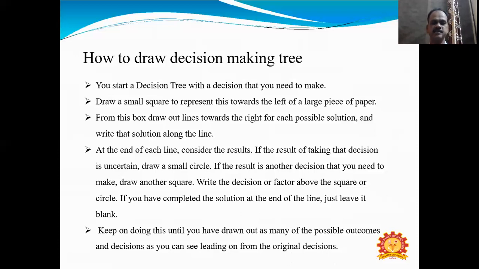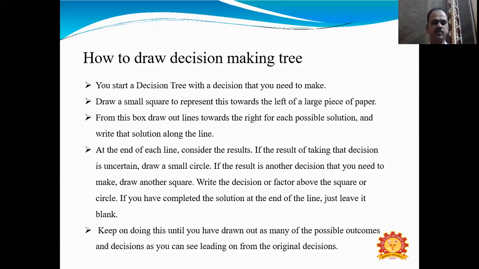So write the decision or factor above the square or circle. If you have completed the solution at the end of the line, just leave it blank, so there are no further branching operations. After getting the resulting value, there is no need to extend the node.